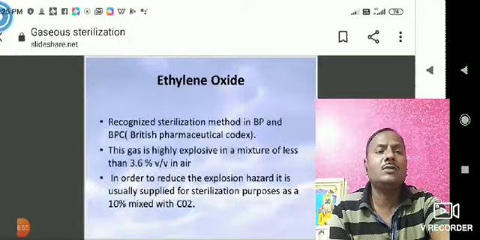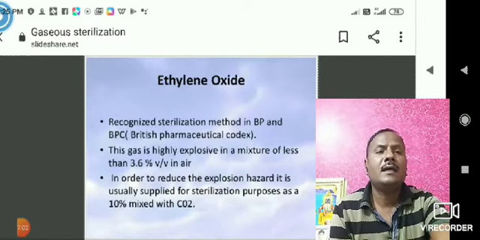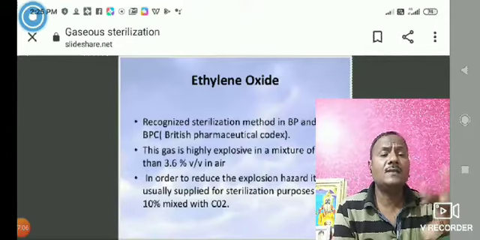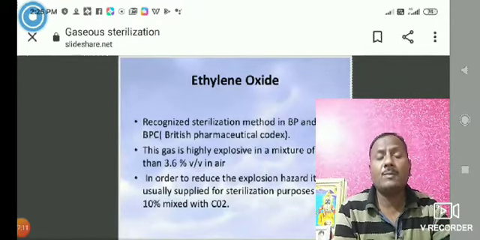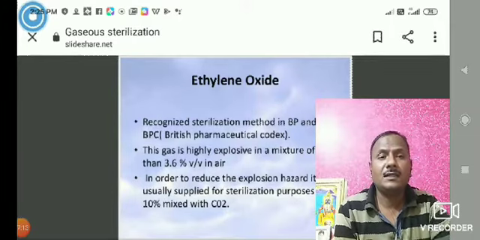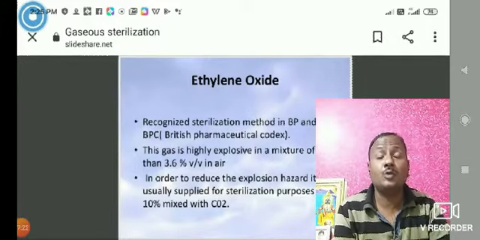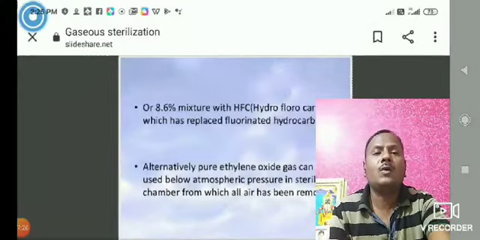In order to reduce the explosion hazard, it is usually supplied for sterilizing purposes as a 10% mixture with CO2, that is carbon dioxide. Due to the combination, there is no side effect of ethylene oxide to humans, and it is effective only against microorganisms.